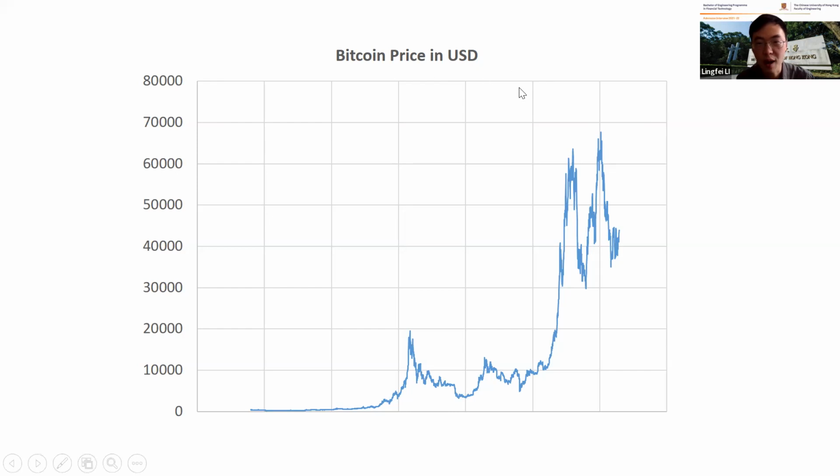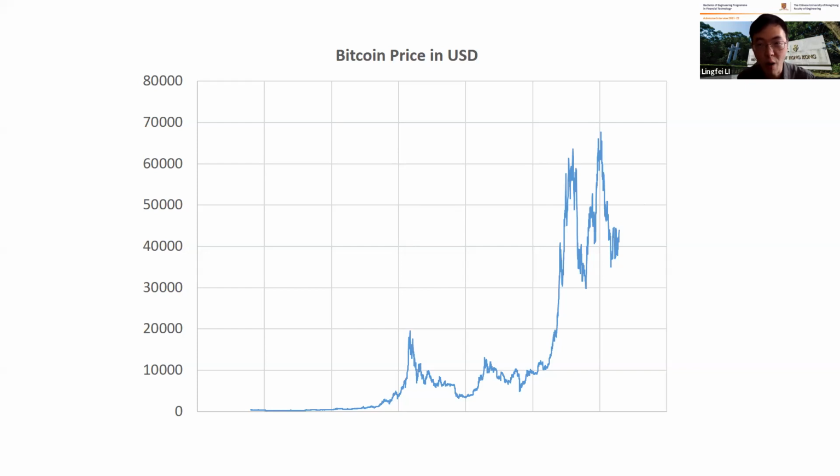So a lot of people don't like this, right? Because traditional money is controlled by the government, they can issue a lot of money and then make money less valuable. And then people prefer Bitcoin, at least some of them, because the supply of Bitcoin is strictly controlled.